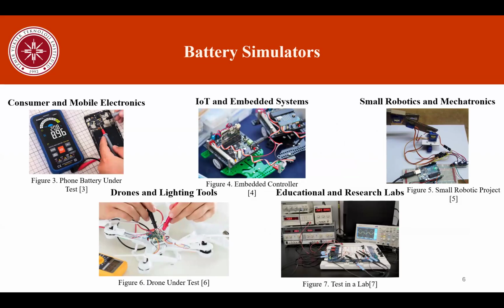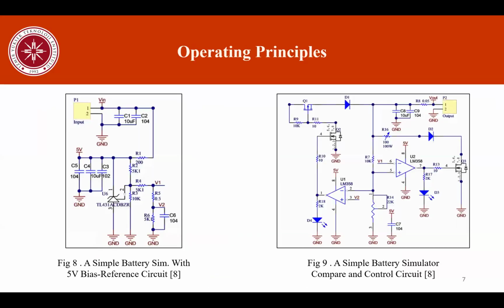They are used in many different sectors. Some of them are phone batteries, consumer and mobile electronics, IoT or embedded systems, small robotics and mechatronics, drones and lighting tools, and educational or research laboratories. In a simple way, these simulators consist of different op-amps and reference circuits.